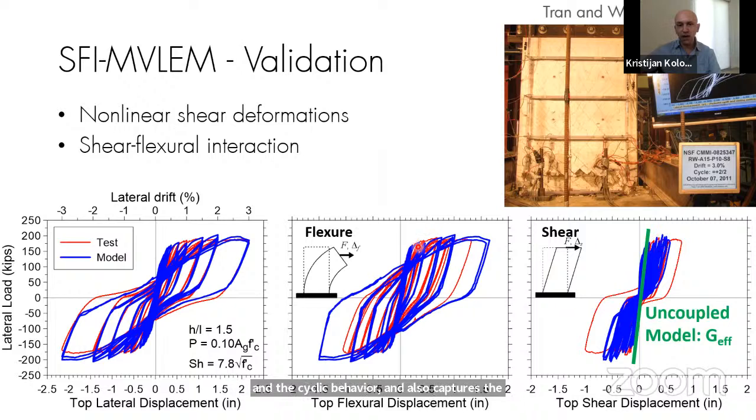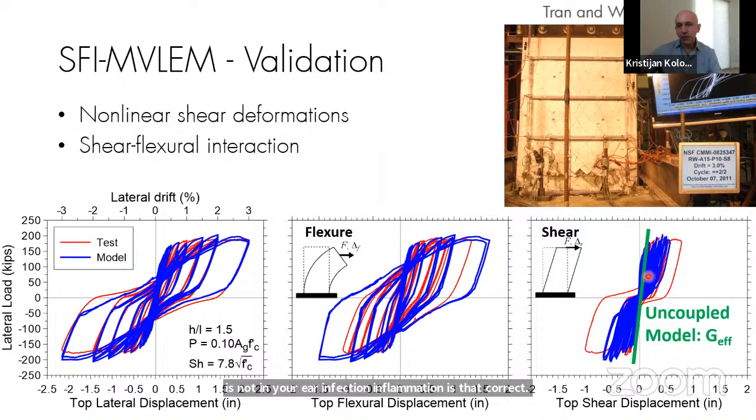And you can see how they're coupled between shear and flexure deformation, because the force when we have the shear yielding and flexure yielding is about the same force. So that means that these nonlinear shear and flexure deformations occur at about the same level of lateral loading.